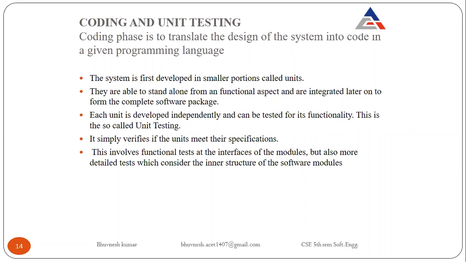Then a single module's code will be tested, and that testing is unit testing. Then the second module will be tested, then the third module. Individual testing of each and every module is called unit testing. They are able to stand alone from a functional aspect and are integrated later into the complete software.